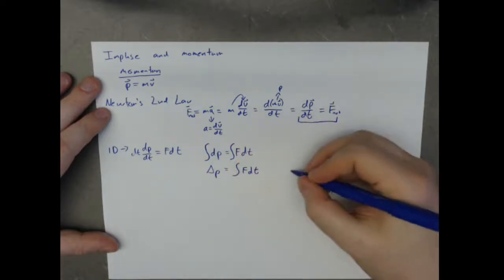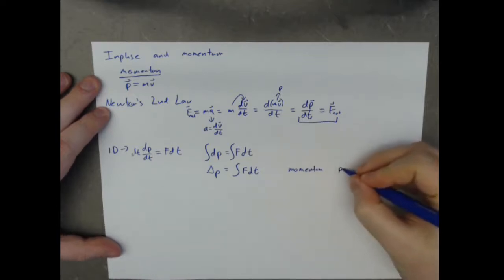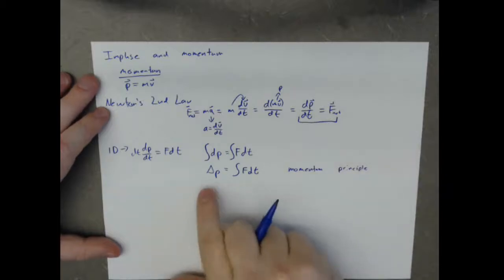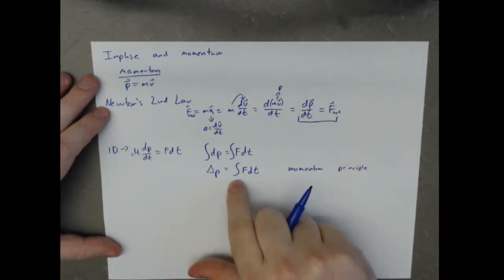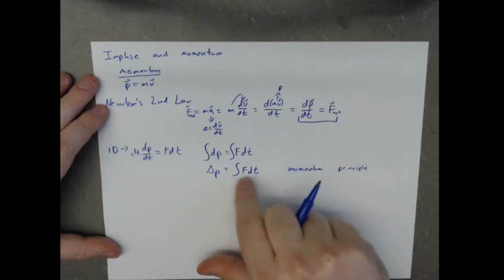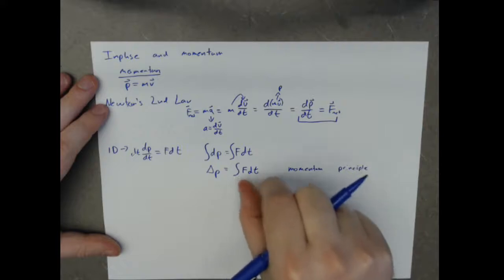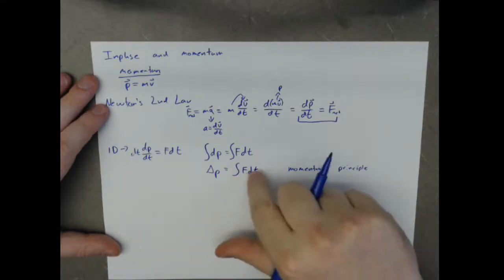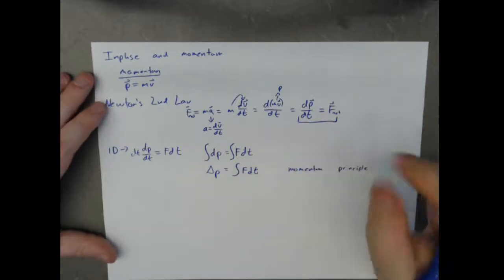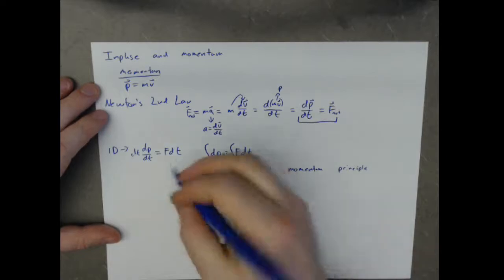And this here is the momentum principle, where the change in momentum is equal to the integral of force with respect to time, which is essentially saying at each small chunk in time, the force will be applied and give us a differential change in momentum. If we add up all those little differential changes in momentum, we get the total change in momentum.